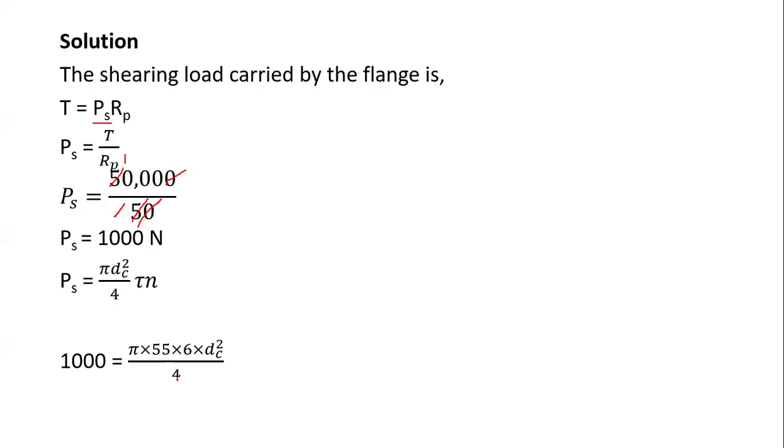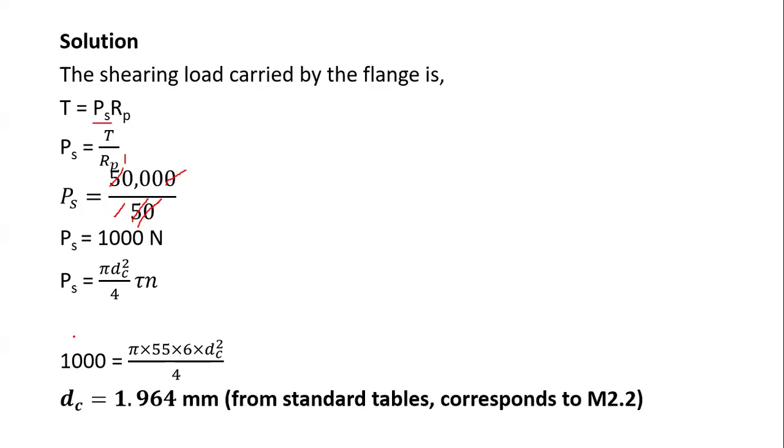Then the 4 still remains where it is. So here, when making D the subject, you remember to get the square root of what will be on the other end. And look at that. Our answer comes out as 1.964 millimeters.